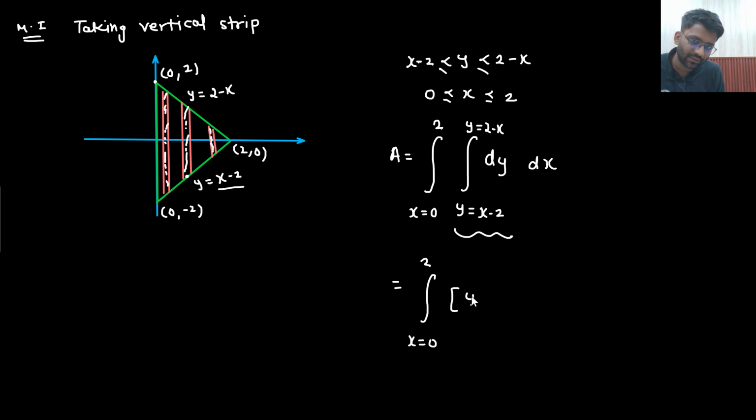If I solve this, I will get y from x minus 2 to 2 minus x, dx, x going from 0 to 2.